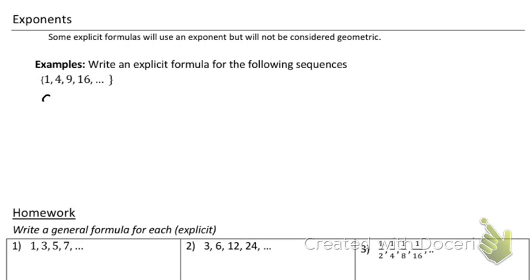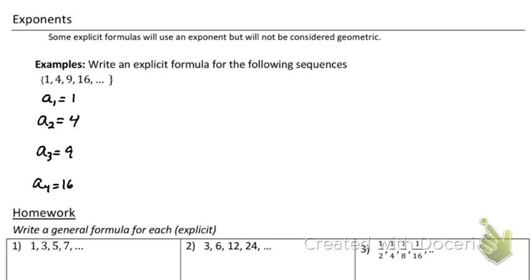So if I just break this down, and I say, okay, my first term is 1. My second term is 4. My third term is 9. And my fourth term is 16. There's something happening here.